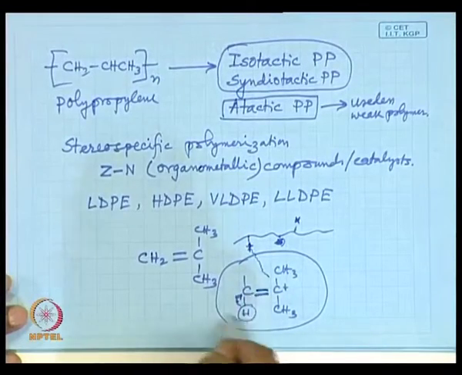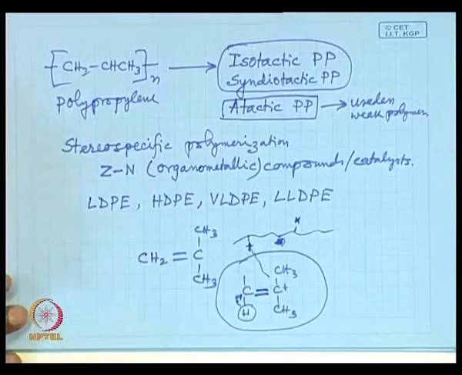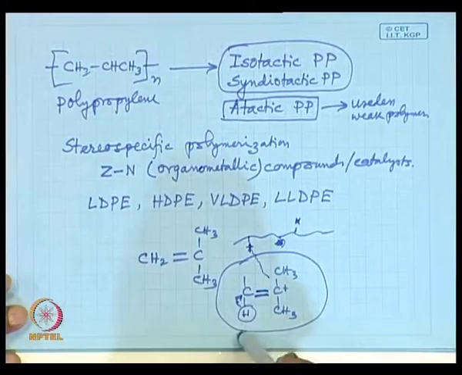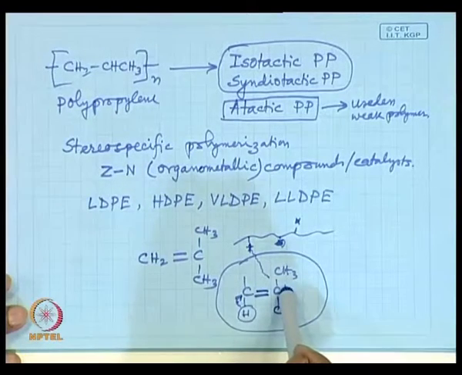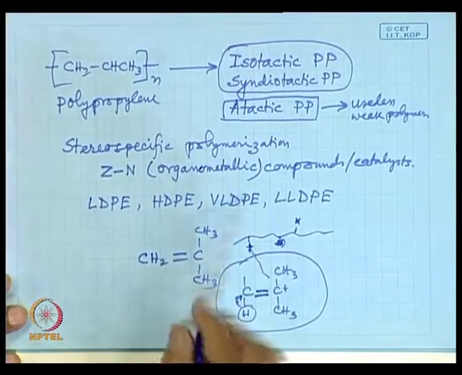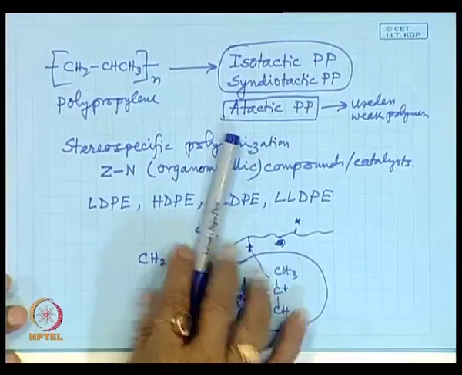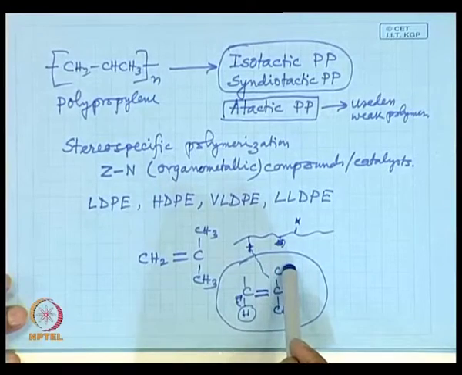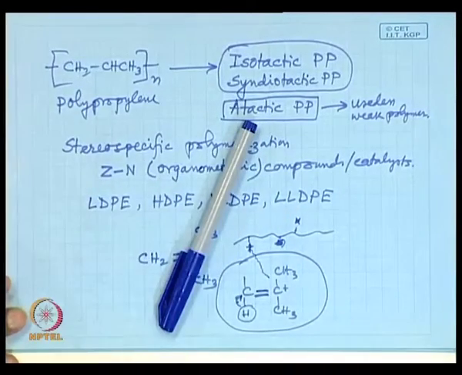Rather, any other agency present surrounding or in the vicinity of this end can snatch some hydrogen and create some unsaturation, and this way the chain gets terminated. That means this cationic center is actually broken, destroyed or killed that way. That is called self dissociation or self termination.